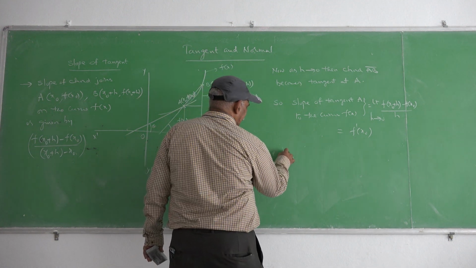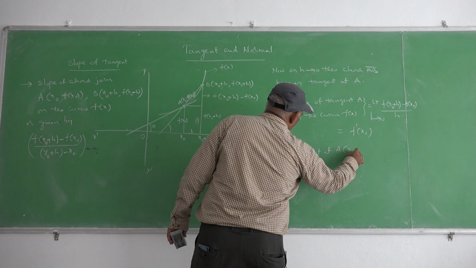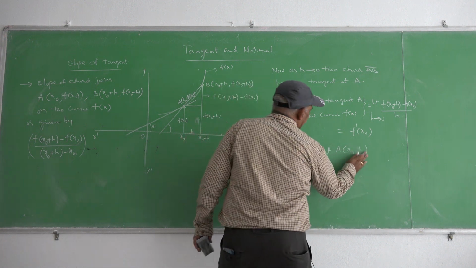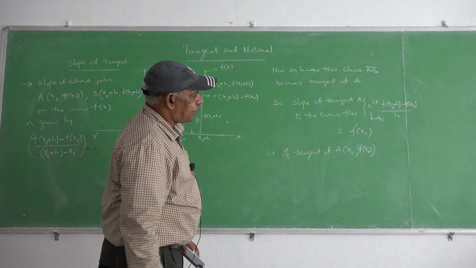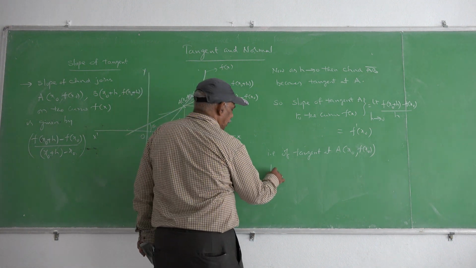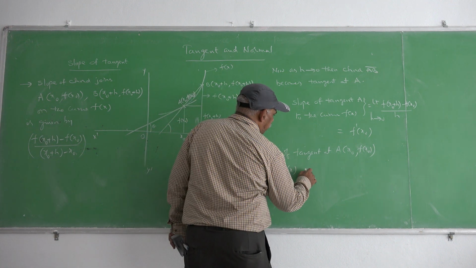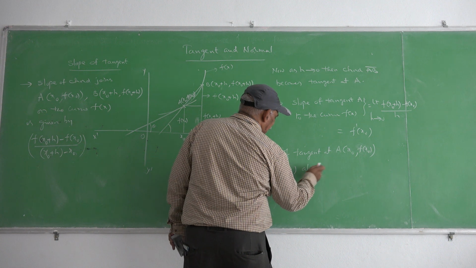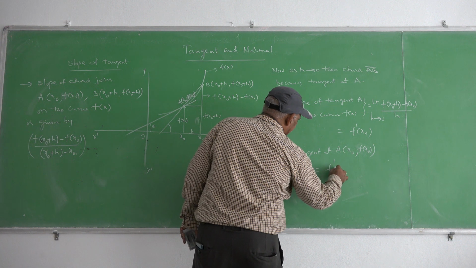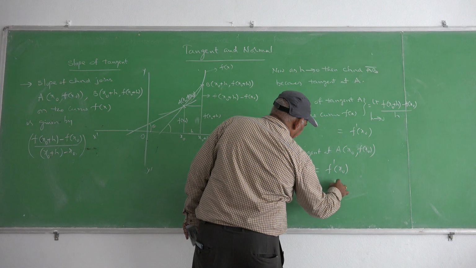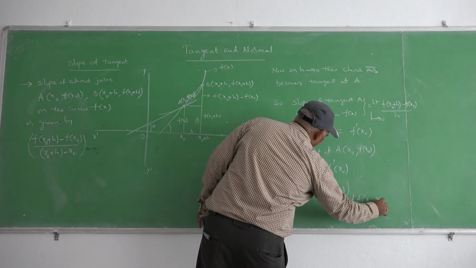That is, for the tangent at A, x naught, f of x naught, to the curve f(x) at the given point A, the slope is f dash of x at A, which is x naught, f of x naught.